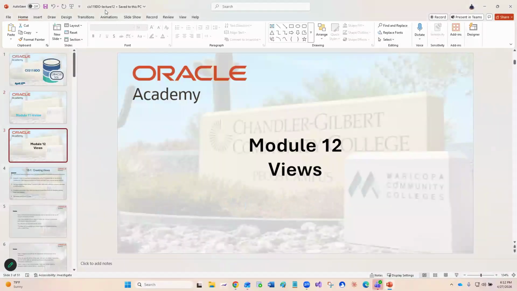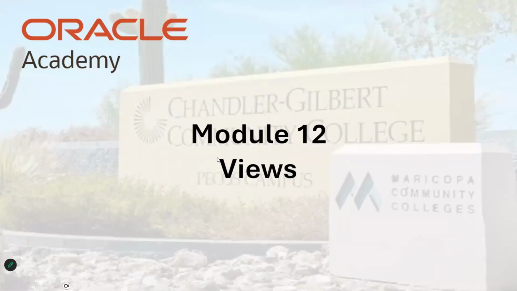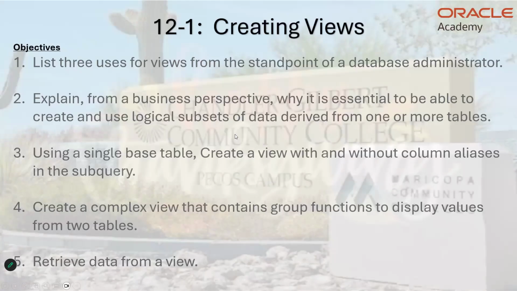Now we're moving into module 12. And that's views. I know you're all just emanating excitement about this. So module 12 is all about views. All right. Our objectives. So our first section is creating views. List three uses.